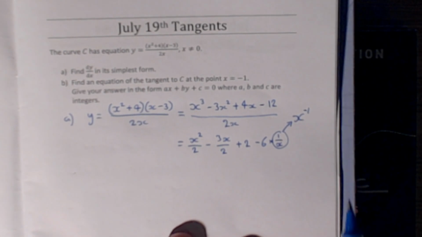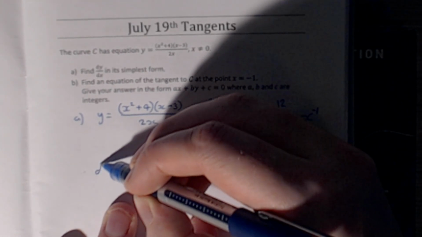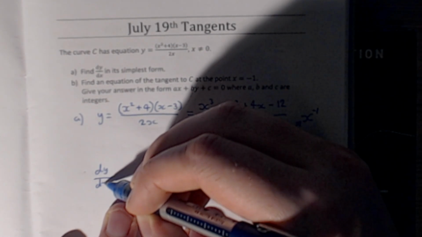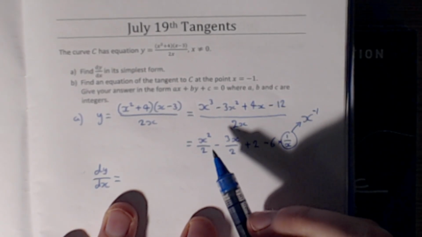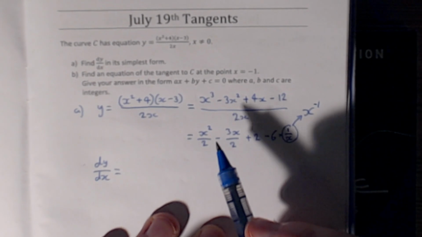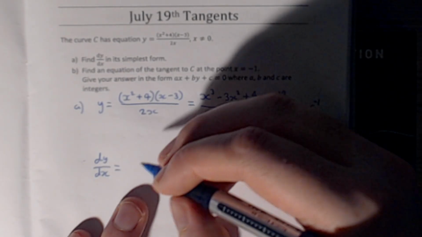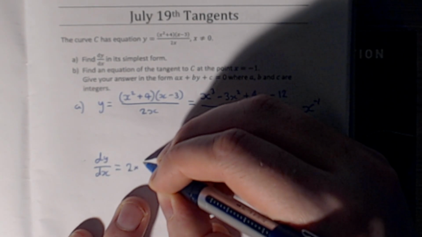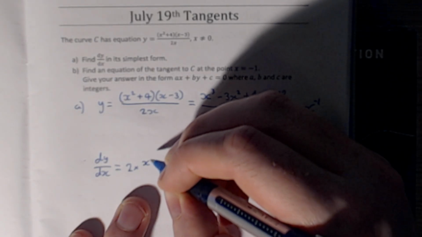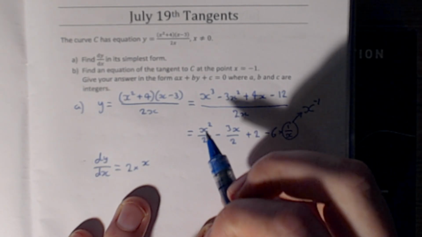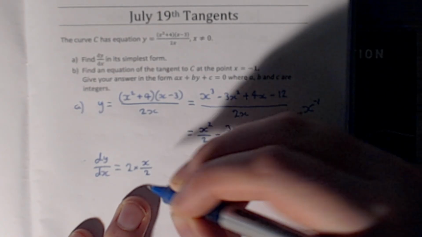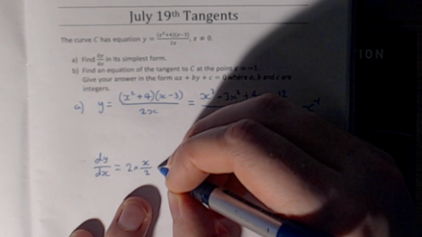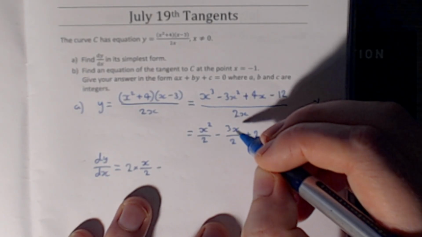Okay. So now we're ready to find dy by dx. We see x squared divided by 2. Well, we'll take the power down. We get 2 times x. We'll reduce that power by 1, so 2 goes to 1. Divided by 2. Minus, well, this x is just going to go.